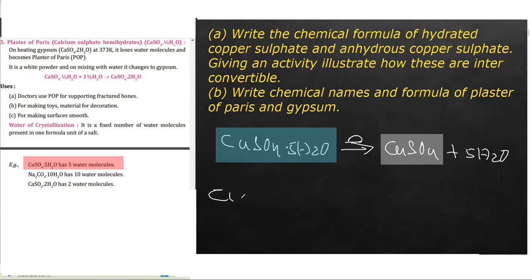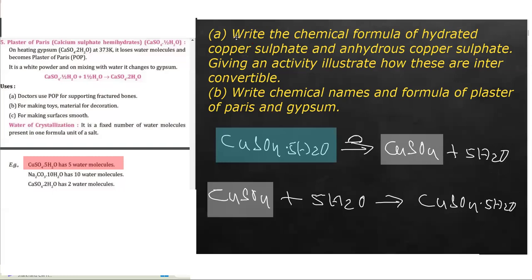If this copper sulfate is exposed to moisture or water, it will absorb exactly 5 water molecules, 1 formula unit of CuSO4, and it will turn into crystal, that is CuSO4.5H2O. So in the reverse case, the white powder will turn into blue colored copper sulfate crystal. That is a reverse reaction that takes place.